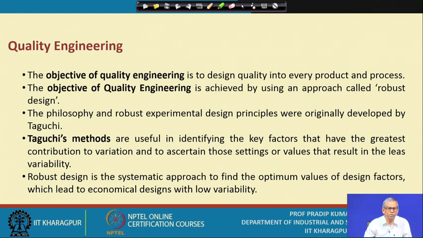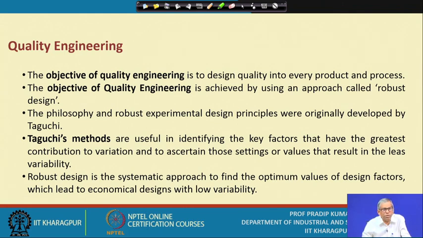That means he is essentially focusing on the offline quality control technique. Taguchi's methods are useful in identifying the key factors that have the greatest contribution to variation and to ascertain those settings or values that result in least variability.